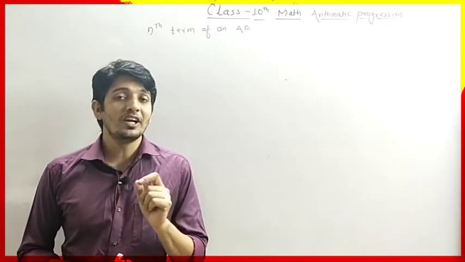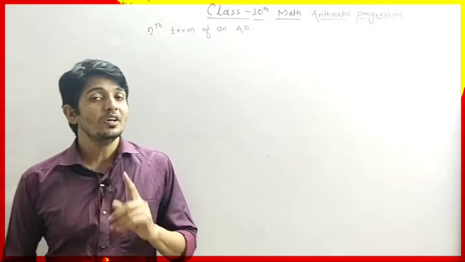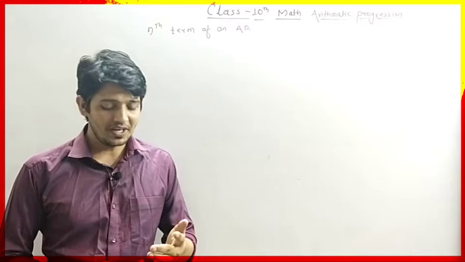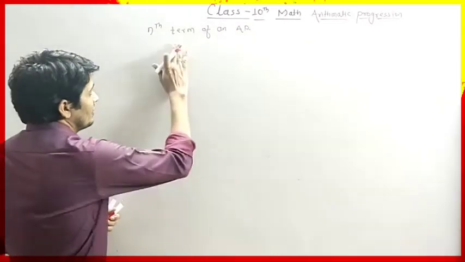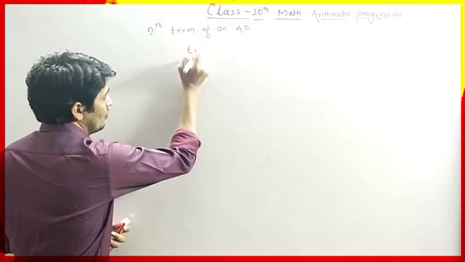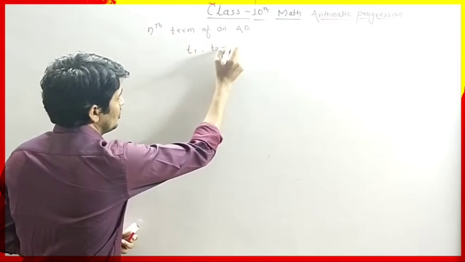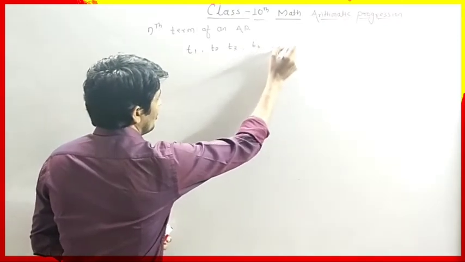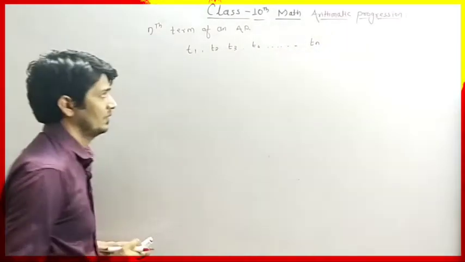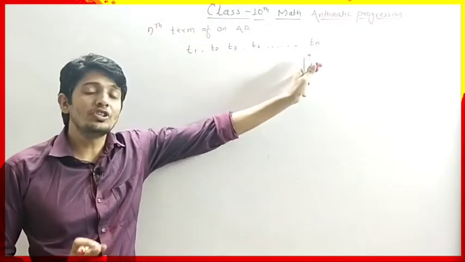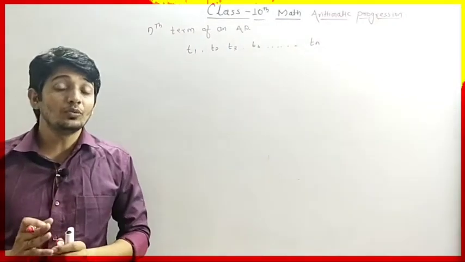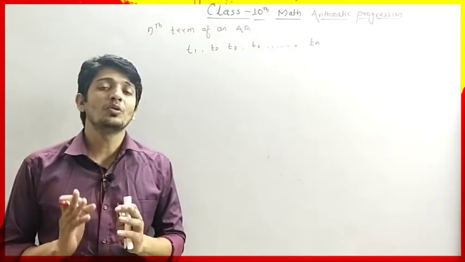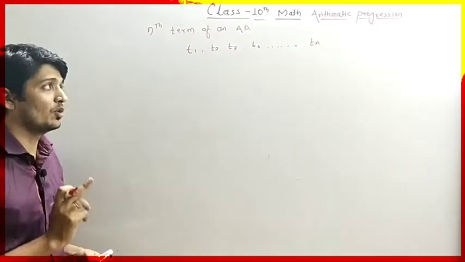Okay, so for that we have to derive the formula for the nth term of an arithmetic progression. As we know, the arithmetic progression has term 1, term 2, term 3, term 4, and so on up to the nth term. We have to find that nth term. It may be the 100th, 50th, 150th, any number. To calculate the value of that term, we have to derive the formula.